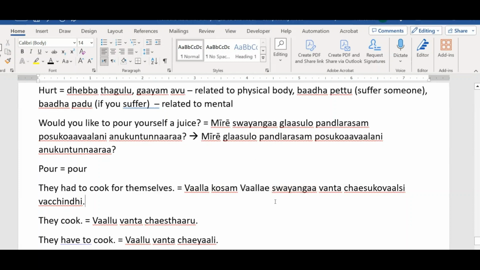But you can skip this word స్వయంగా. You can say వాళ్ళ కోసం వాళ్ళే వంట చేసుకోవాల్సి వచ్చింది. That is also fine.